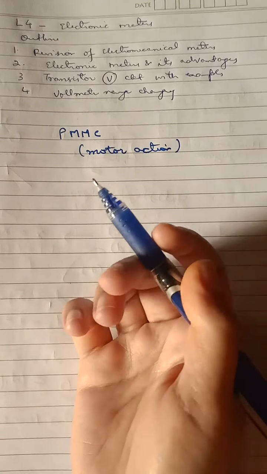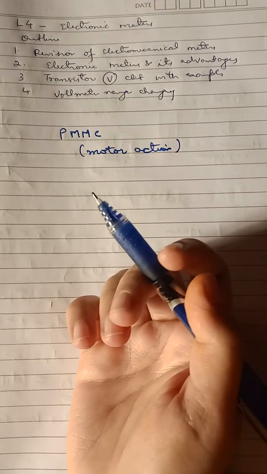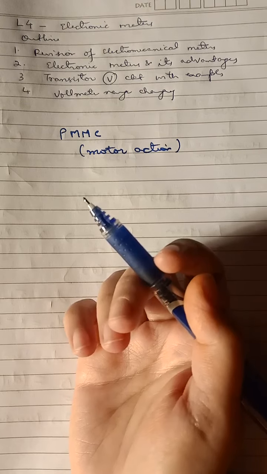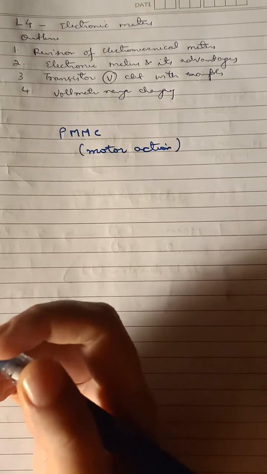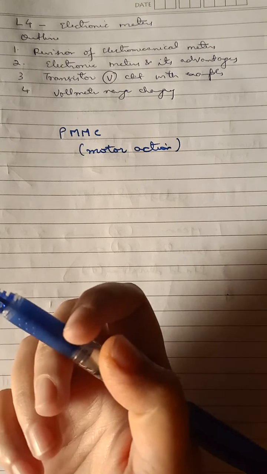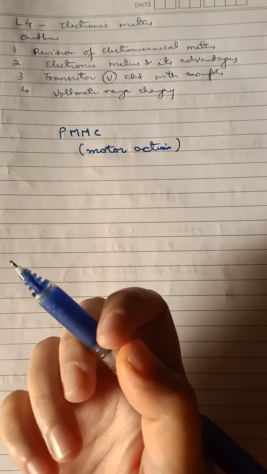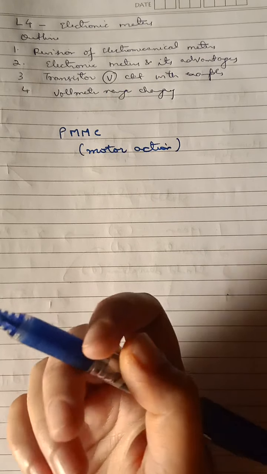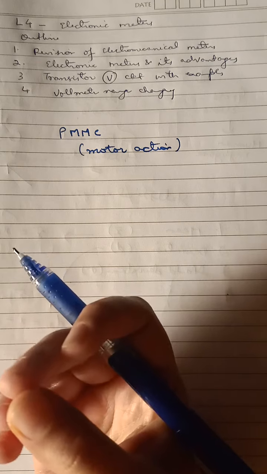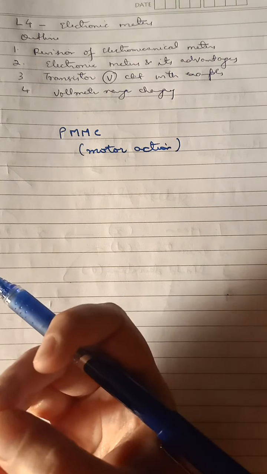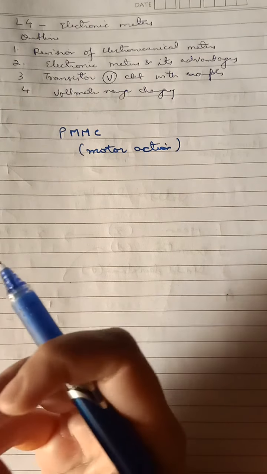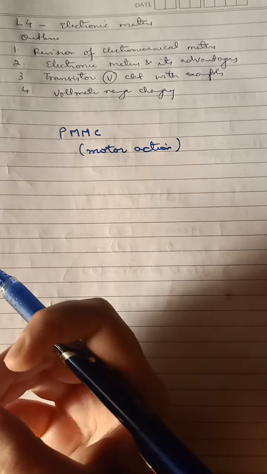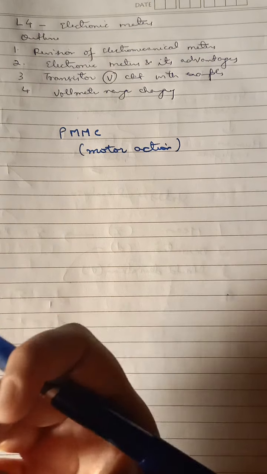So there are different electrical instruments. This electrical instrument was based on magnetic field. We can also have electrical instruments based on electromagnetic attraction or repulsion. We can have certain analog instruments based on the principle of electrostatic effect. Some are based on the induction effect, some on the heating effect.